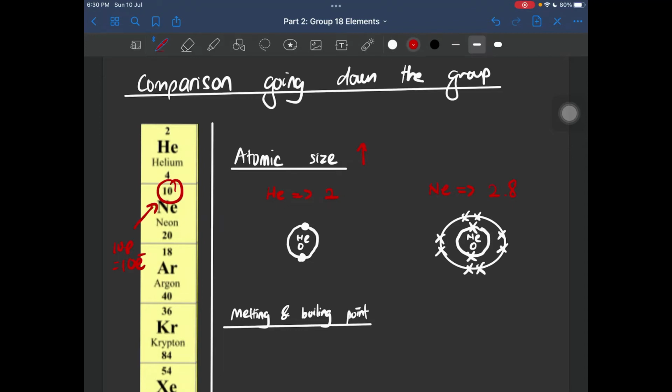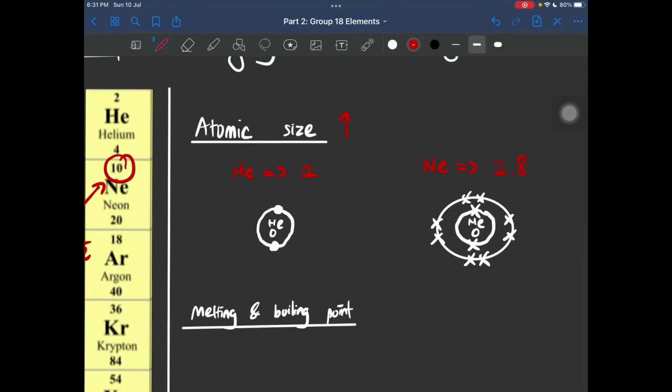So if you compare between helium and neon, you can see that the atomic radius of helium is smaller than the atomic radius of neon.